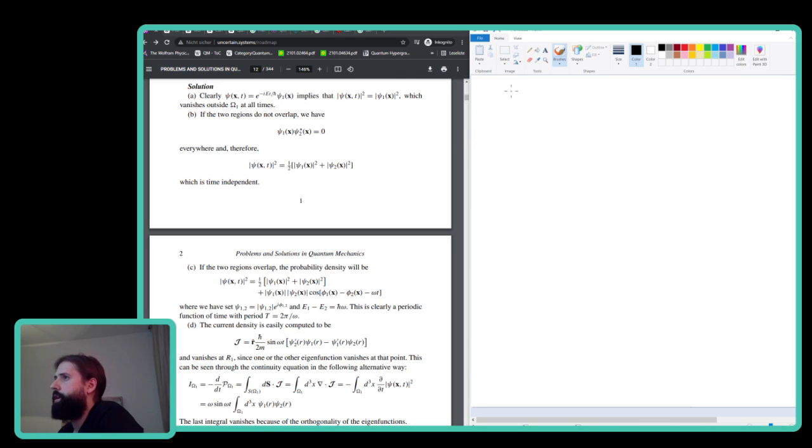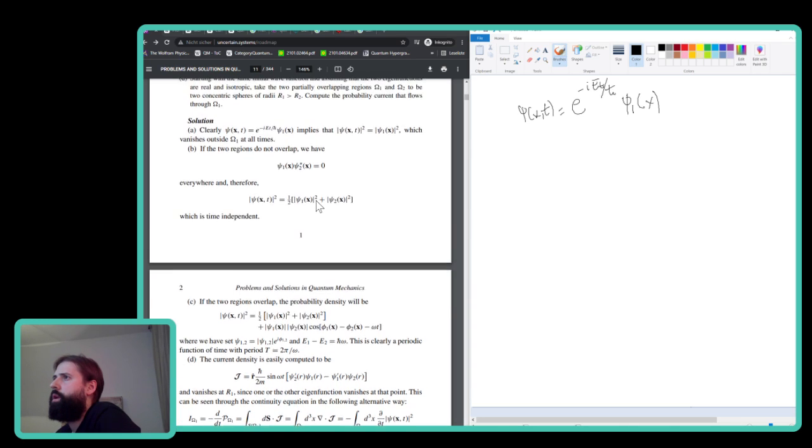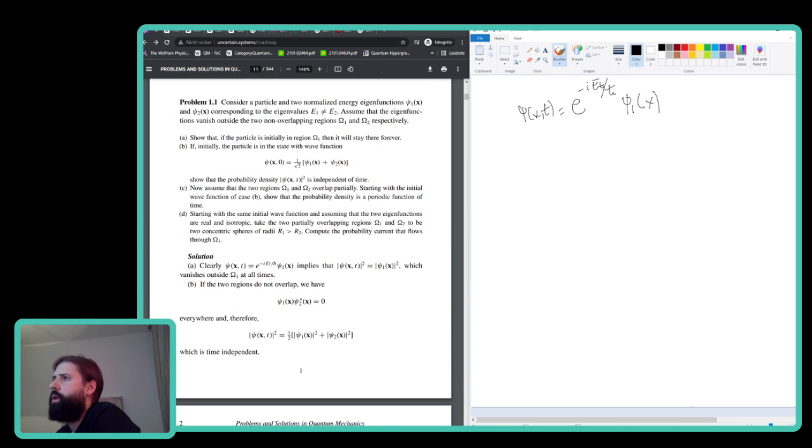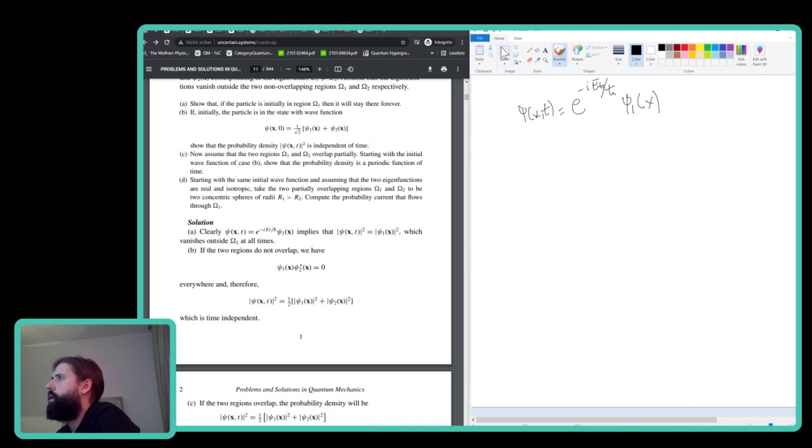We have that psi of x,t equals e to the power minus i energy t over h bar times psi x0. That's the generic way of saying the evolution of psi 1 x, right?